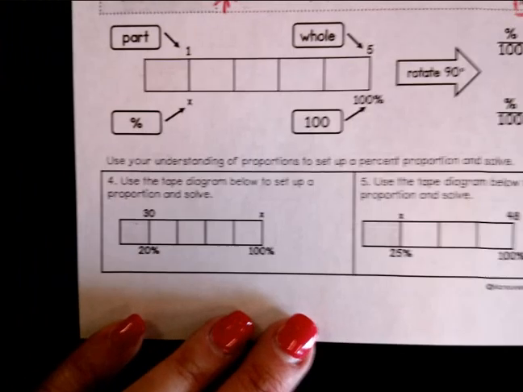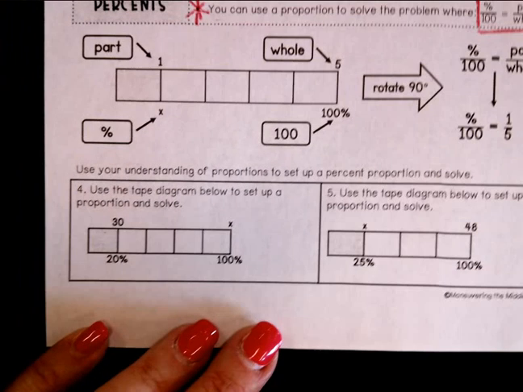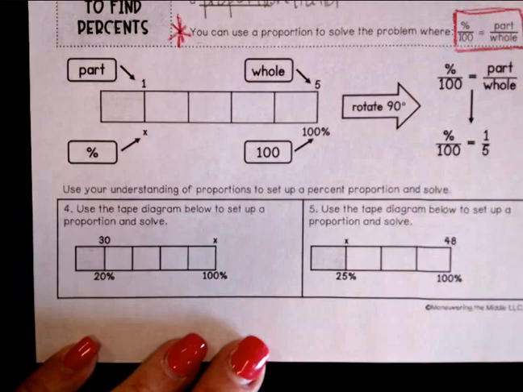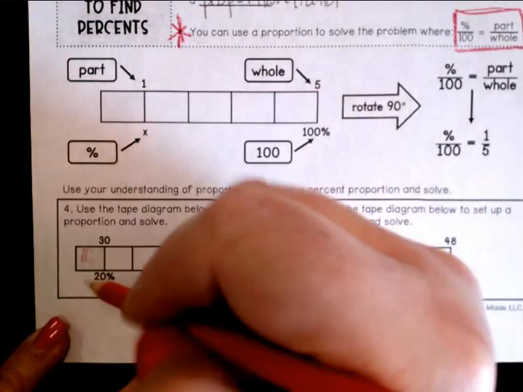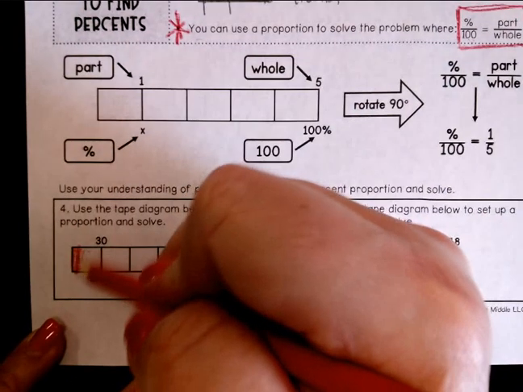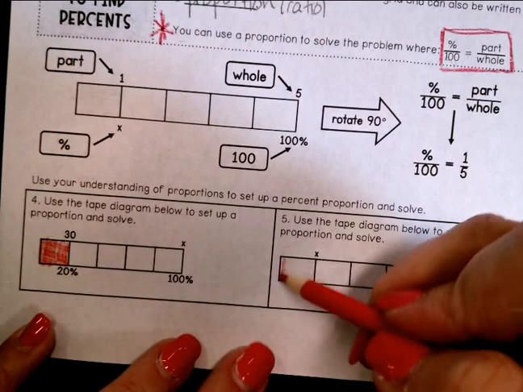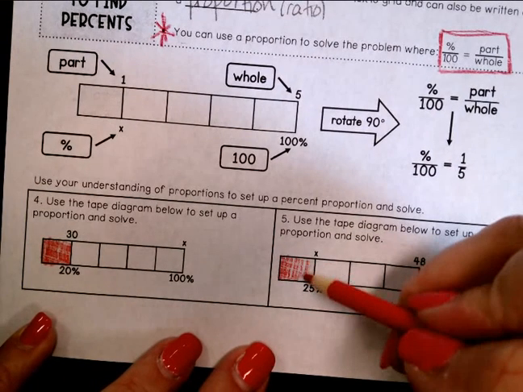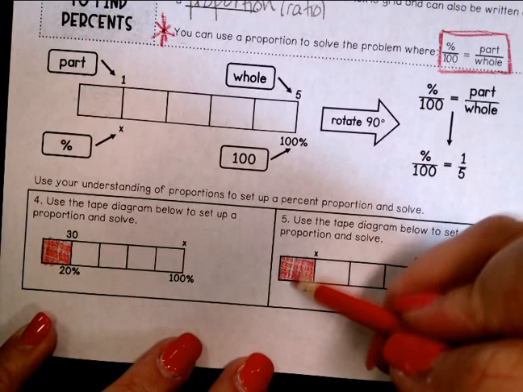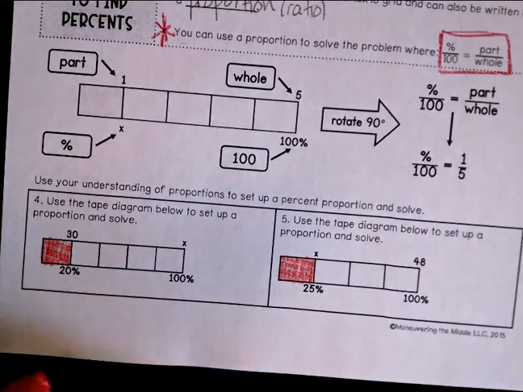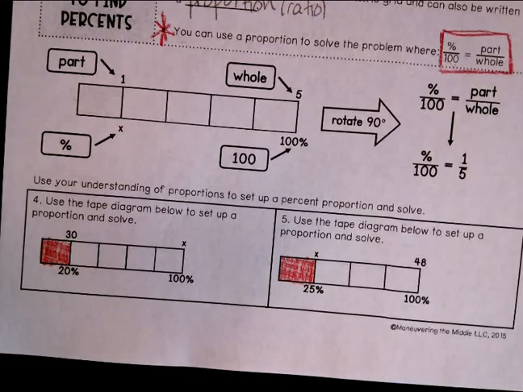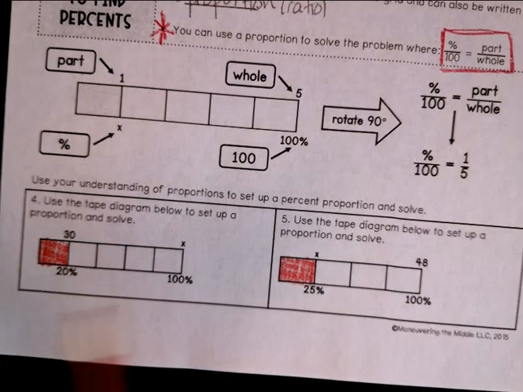All right, let's look at number 4. I'm going to shade these in because, well, we all know the shading does not pick up well on the copy machine. Okay. I would love to tell you that you're always going to have a tape diagram. You're not.